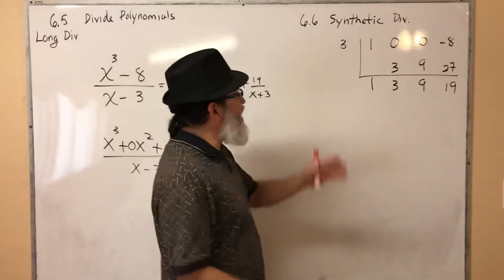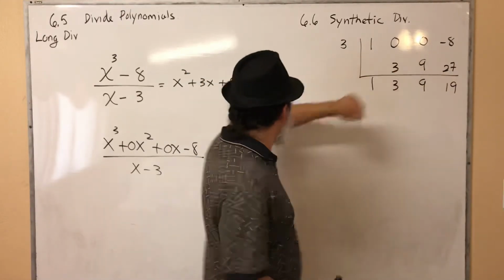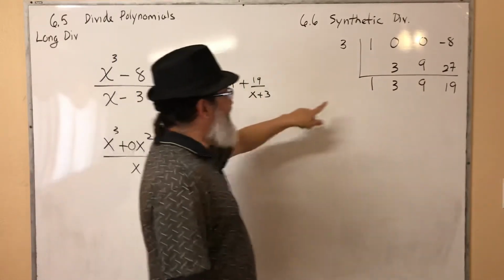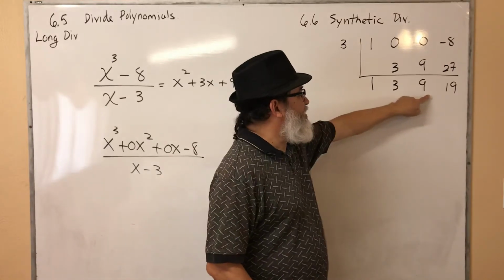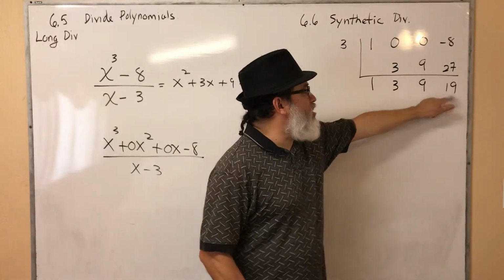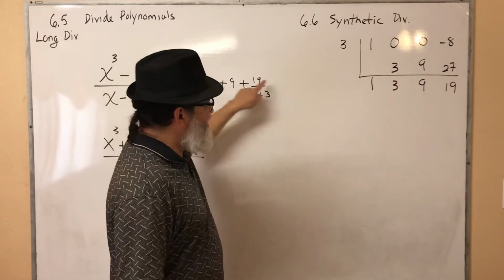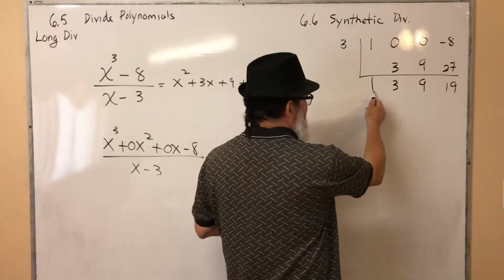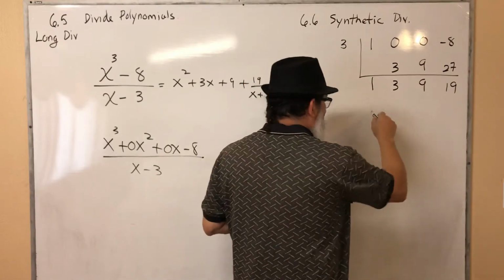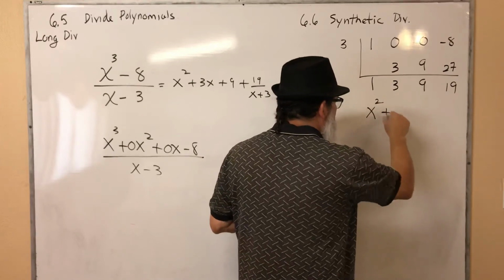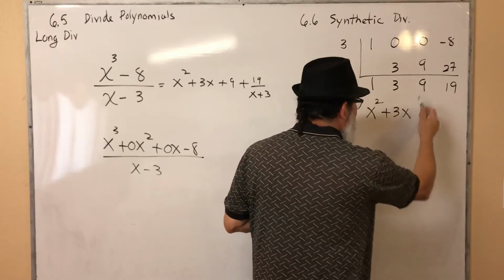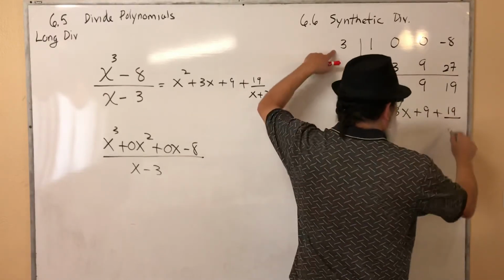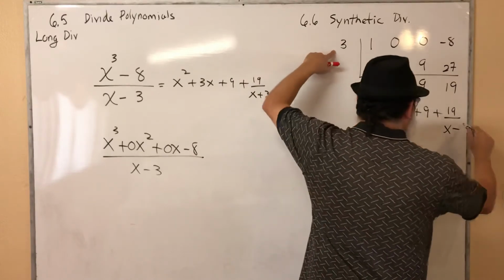Don't forget, this represents the numerator, and this represents the denominator, and this must be the answer. And this must be the remainder, right there. So the answer is going to be 1x squared plus 3x plus 9 plus 19 over x minus 3.